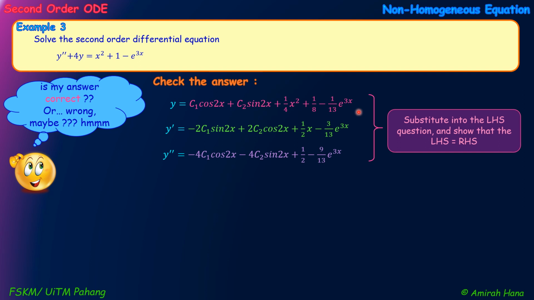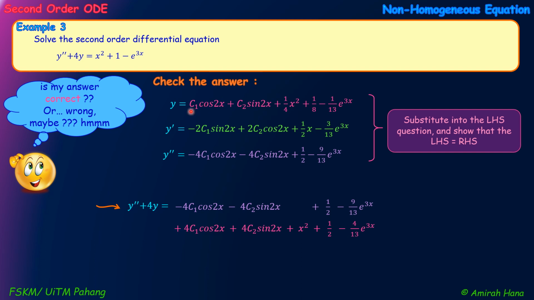Okay, so from the left hand side of the question, we have y double prime plus 4y. So we substitute y double prime here. So y double prime equals negative 4c1 cos 2x, all of this in purple color. Okay. And then plus 4y. Y is here.